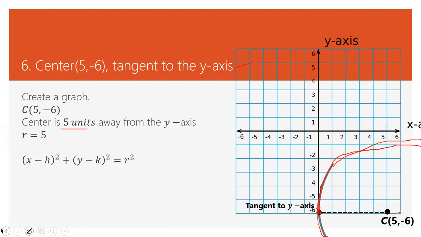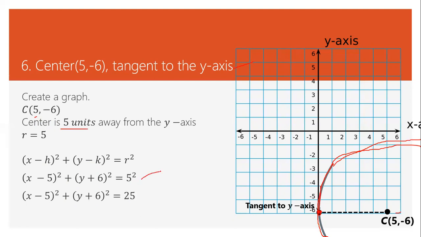So since we have the center and we have the radius, we can now get the standard equation. So x minus 5 squared plus y, negative times negative is positive, so y plus 6 squared is equal to 5 squared. So x minus 5 squared plus y plus 6 squared is equal to 25.